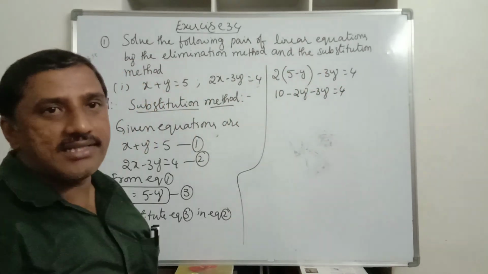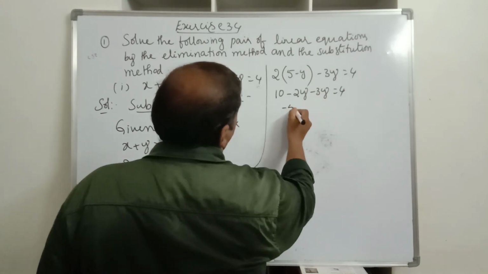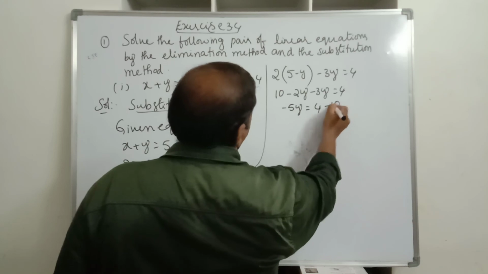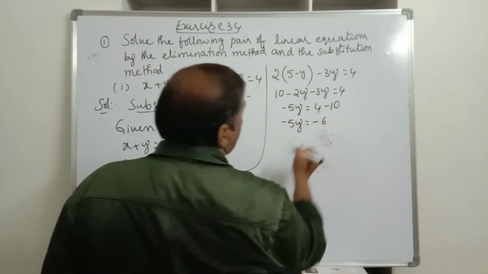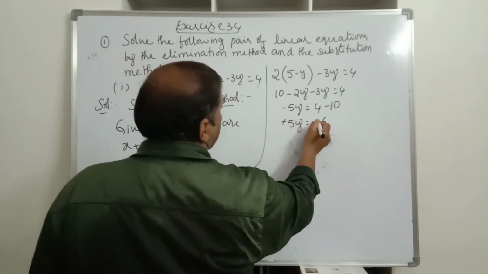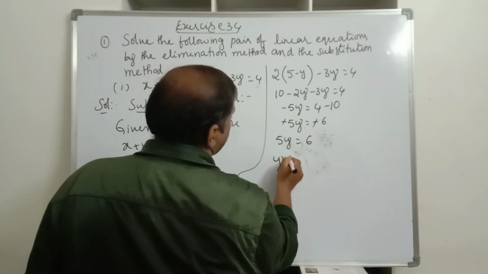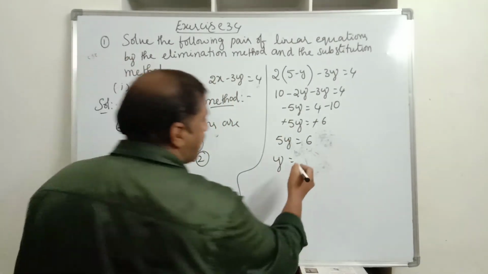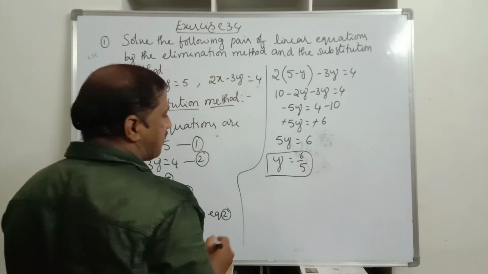Transpose 10 to the RHS, it becomes minus 10. Minus 2y minus 3y is minus 5y, that equals 4 minus 10, which is minus 6. Minus and minus cancel, so 5y equals 6. Transposing 5 to the RHS, it is multiplied, therefore it divides, and we get y equals 6/5.